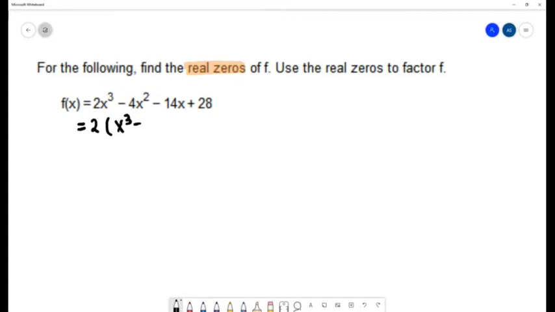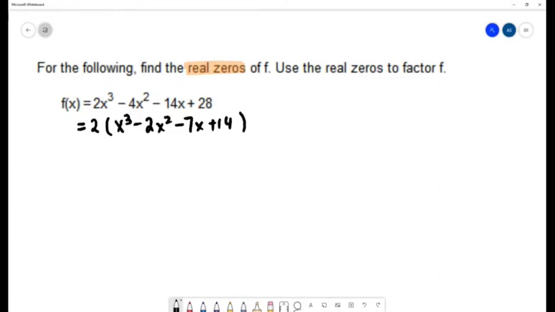I know I said I was going to avoid factoring, but this is going to make a lot fewer choices for us. So if I factor out a 2, I would have 2 times x squared minus 7x plus 14.